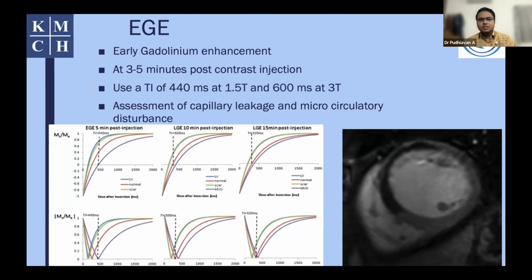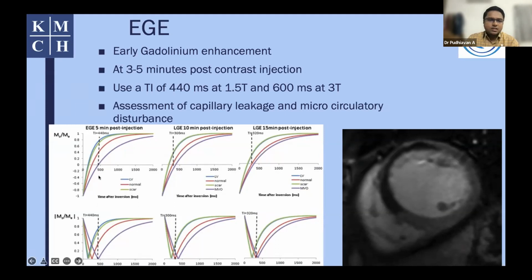So the reason that we use a long TI for early gadolinium enhancement is that, as you can see in this inversion recovery image, during the early gadolinium enhancement phase, at a long TI, there is a greater contrast between the normal myocardium, scarred myocardium, and the areas of microvascular obstruction.